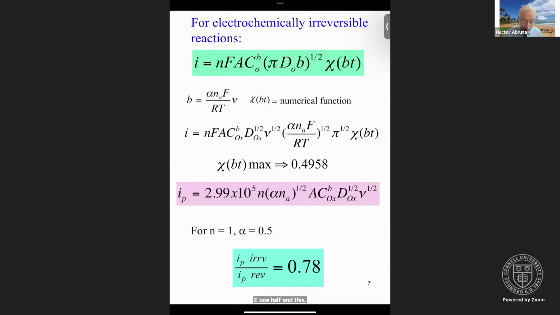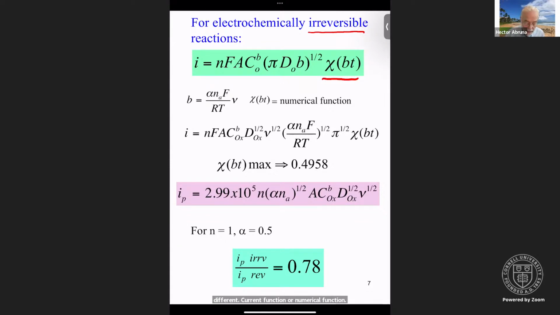For an electrochemically irreversible system, we have a similar expression, except that now we have a different current function or numerical function.